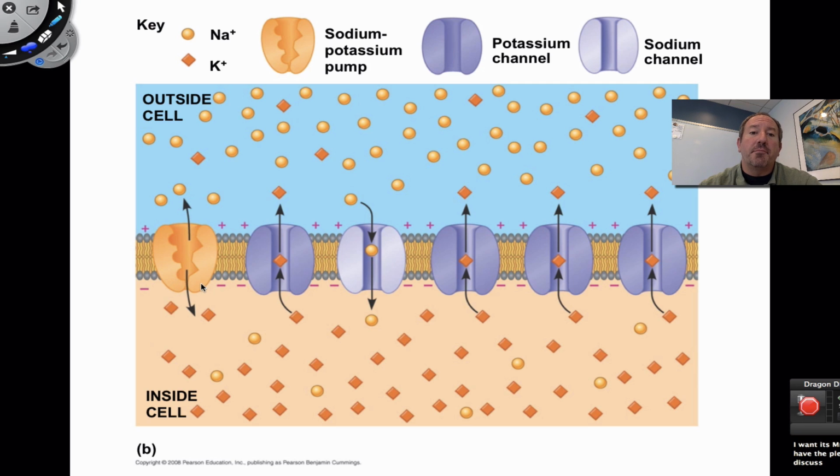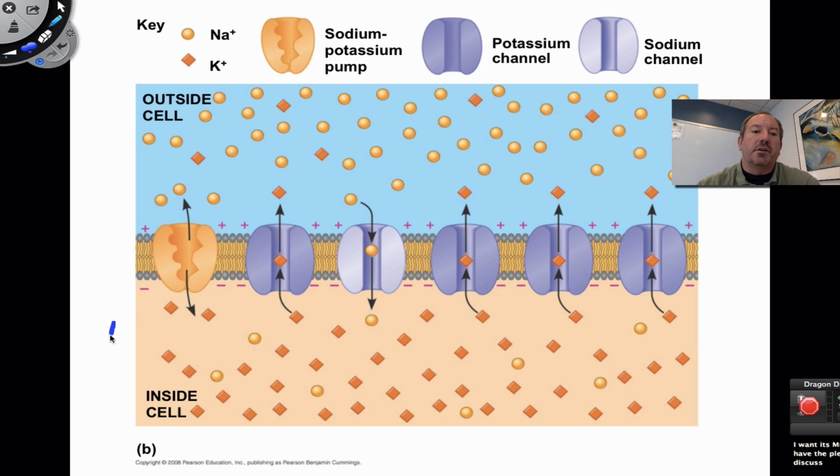And it's called a pump for a reason, because this ion channel pushes sodium out of the cell against the concentration gradient, and it pushes the potassium back into the cell against the concentration gradient. That requires energy to go from low to high.